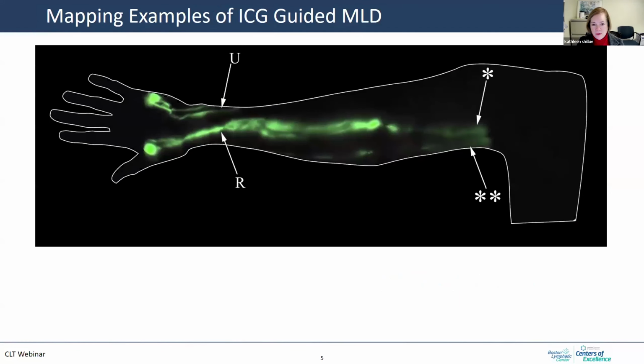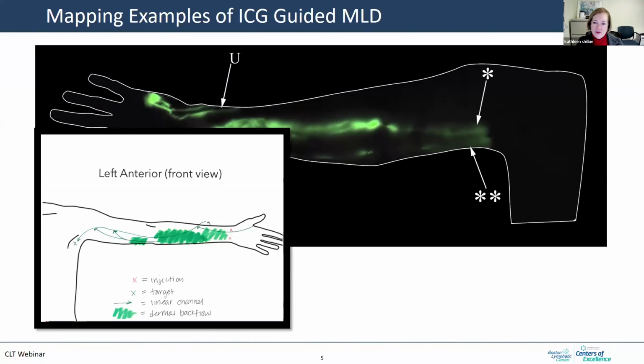And then we heard about using ICG, and it helps us to determine where to direct our energies in using manual lymphatic drainage. Using this pattern, as Kevin mentioned, we have a nurse practitioner who is doing the injection and running the camera and doing the ICG lymphography, along with the physical therapist who comes in and also helps to map out where we see these vessels, where we see most of the dermal backflow.